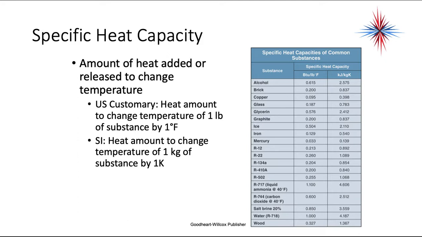Now remember, when you raise ice up to 32 degrees, you're going to go through a point of change where it changes from ice to water, and then all of a sudden you're going to have your 1 BTU per pound. Now we introduced another term here. A BTU is a measurement of heat energy.